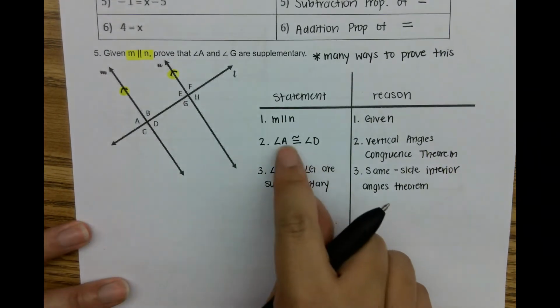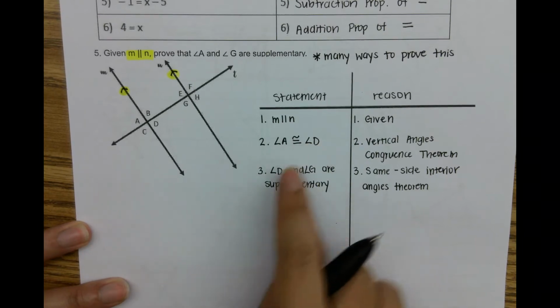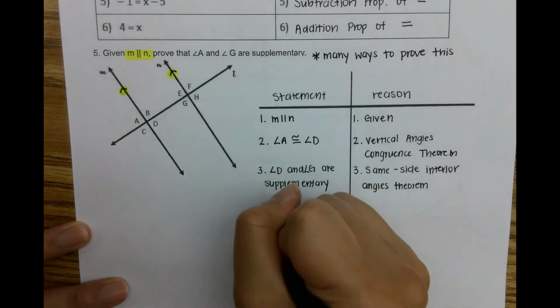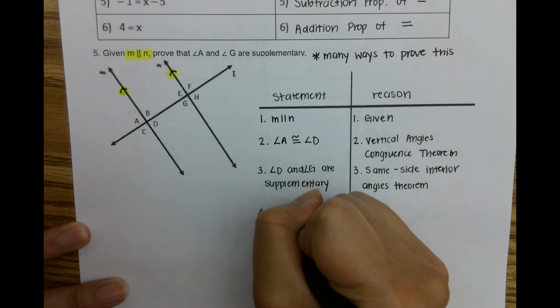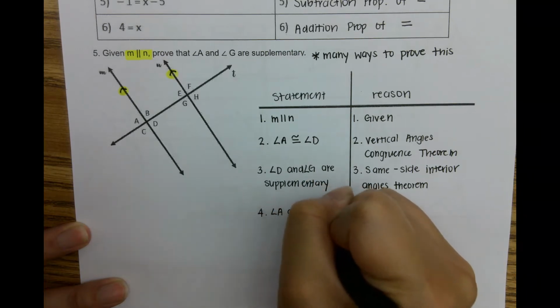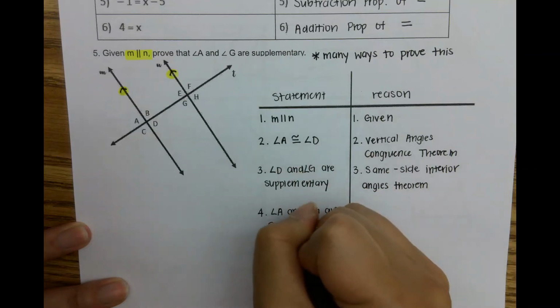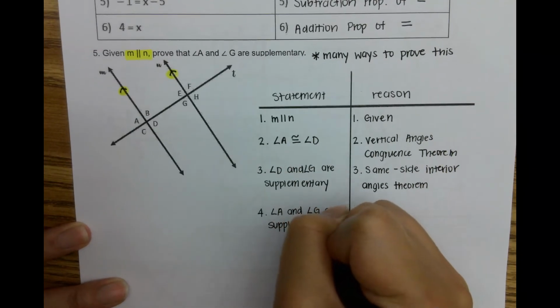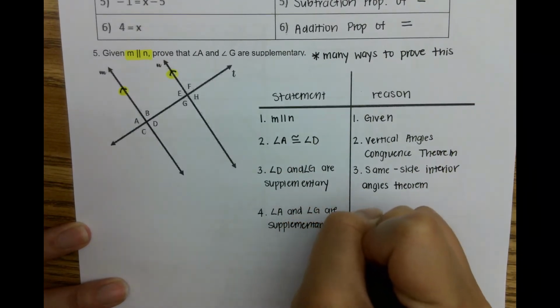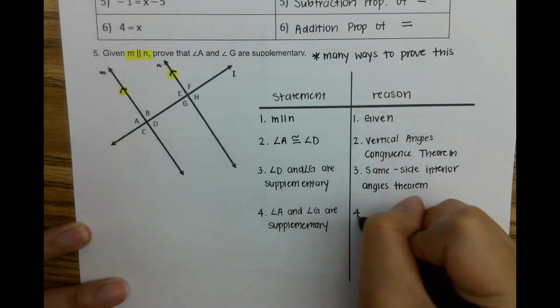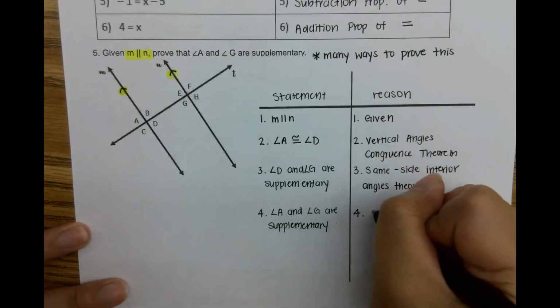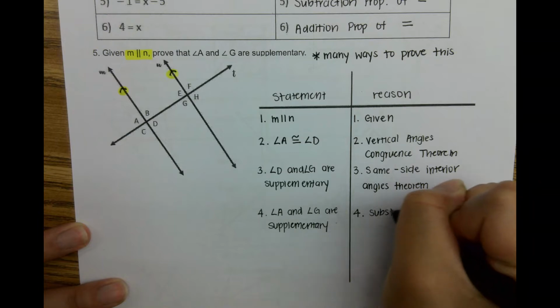And since A is congruent to D, and D and G are supplementary, that must mean that angle A and angle G are supplementary as well. And the reason for that is because of the substitution property.